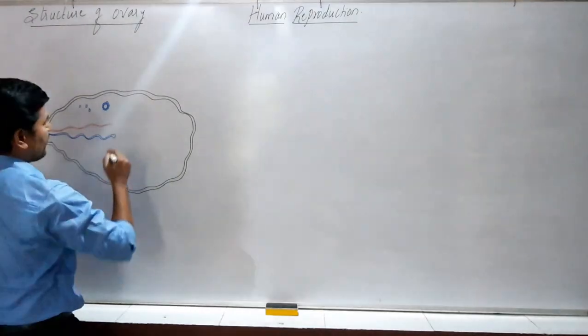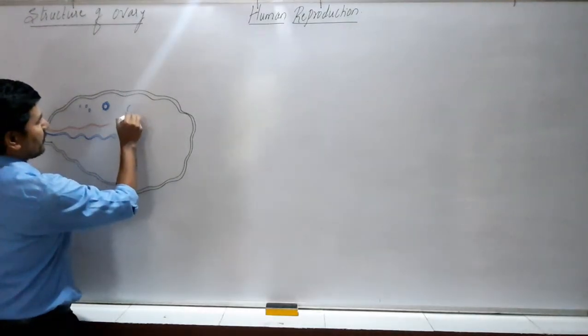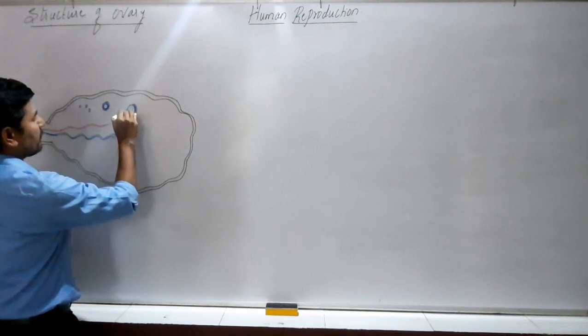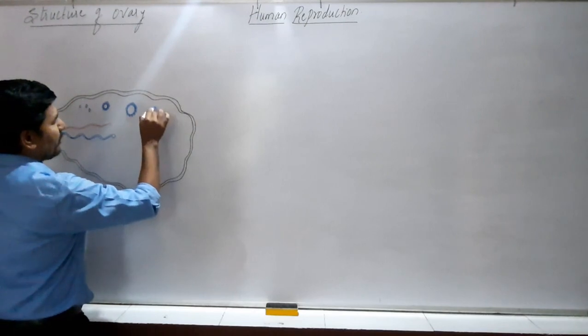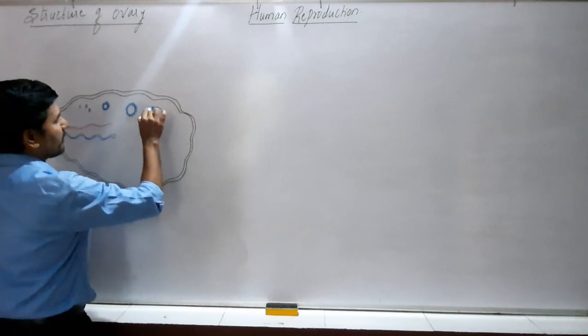Then it grows into the secondary follicle, and this grows into the tertiary follicle.